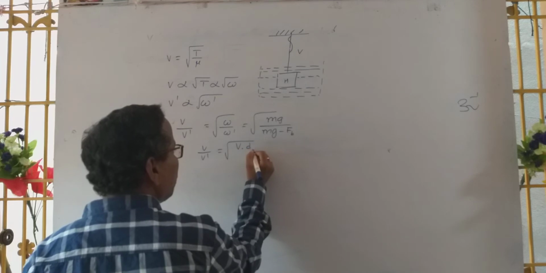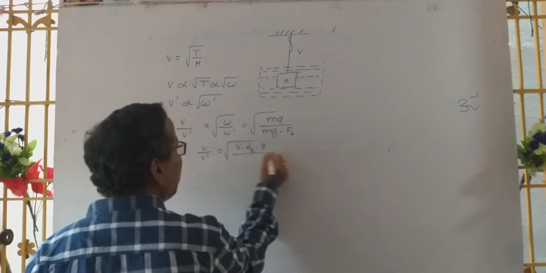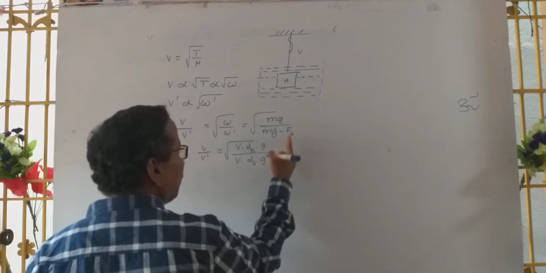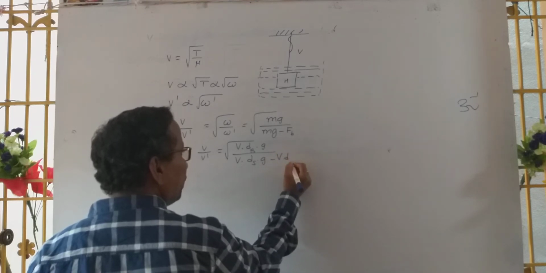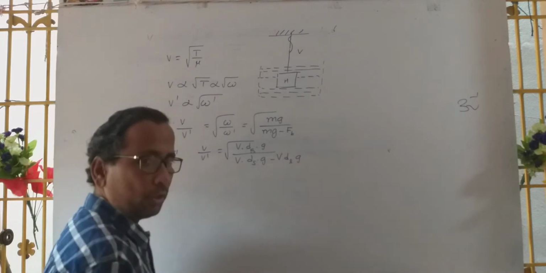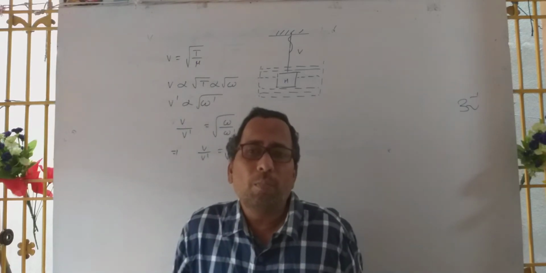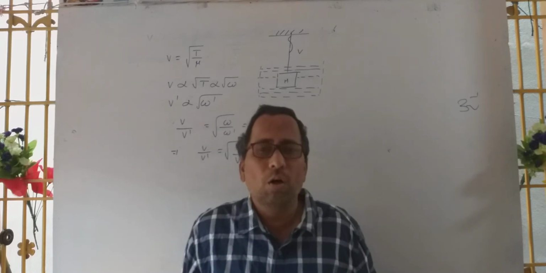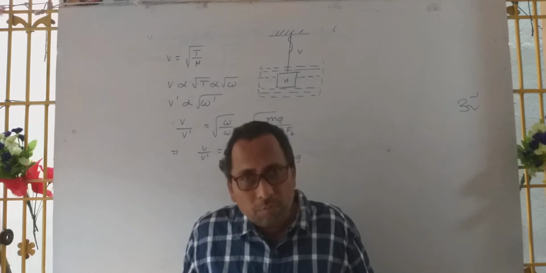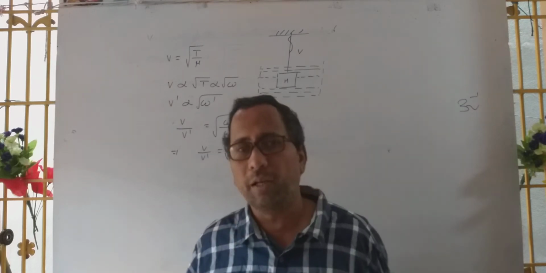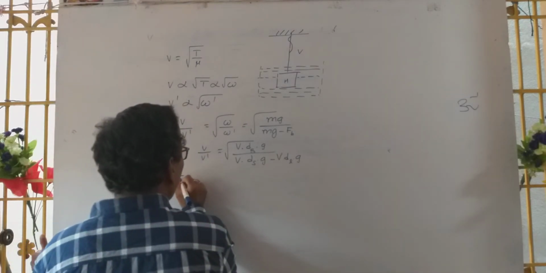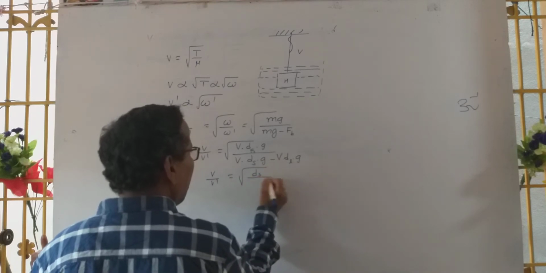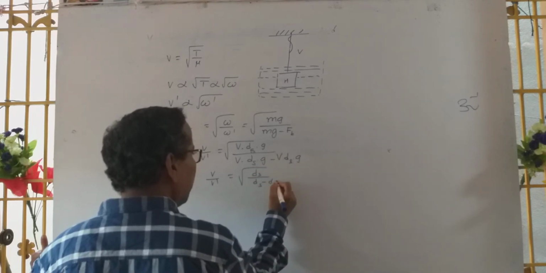So volume into density of the solid into gravity, by volume into density of the solid into gravity minus Fb. Fb is volume into density of the liquid into gravity, because we know force of buoyancy is V rho g, or Vdg. Force of buoyancy is equal to volume multiplied by density of the liquid multiplied by gravity. That's why v by v dash is equal to, with everything cancelled by taking the common factor, root of ds by ds minus dl.